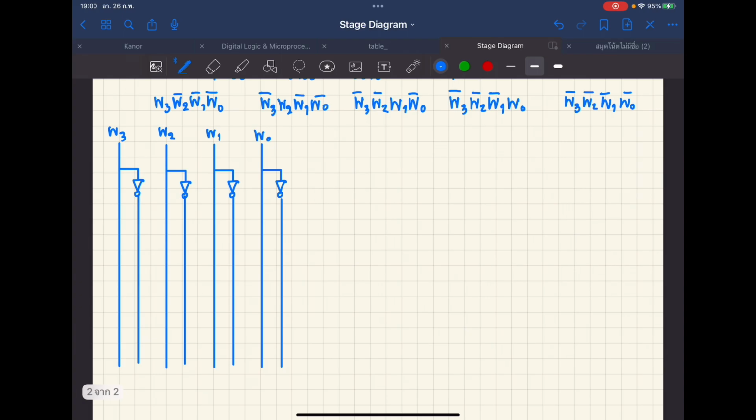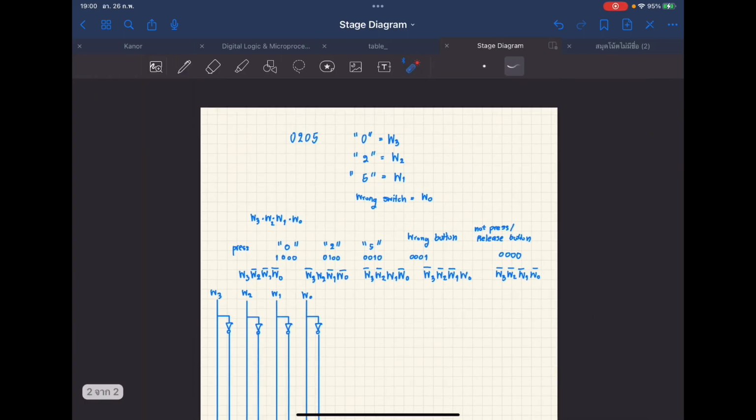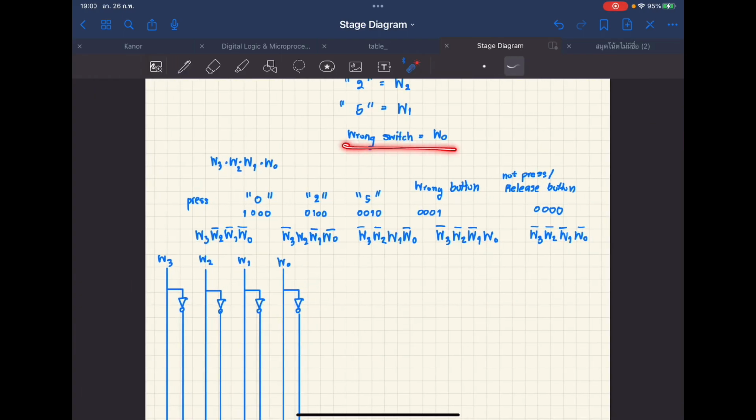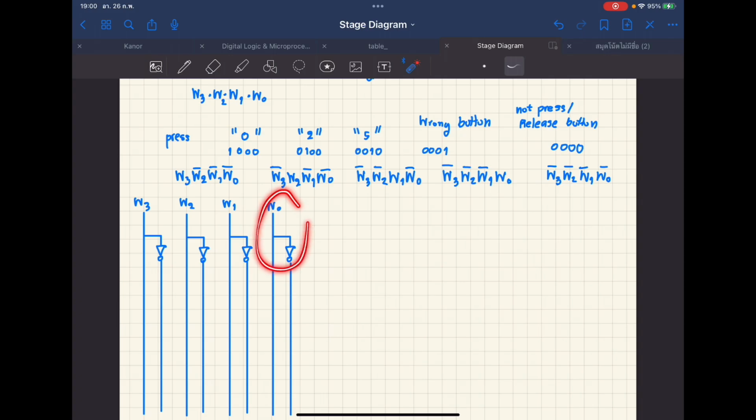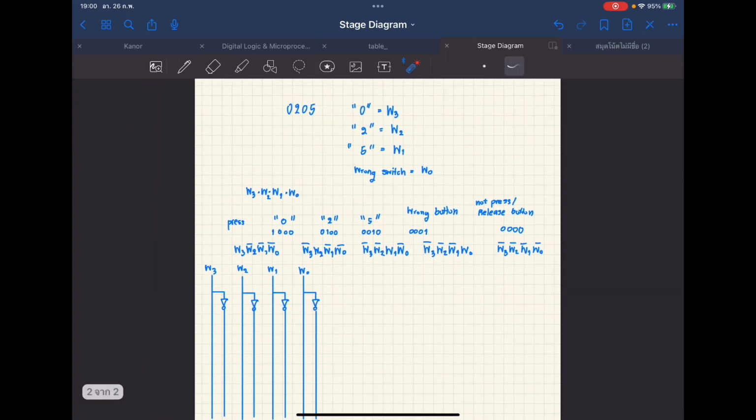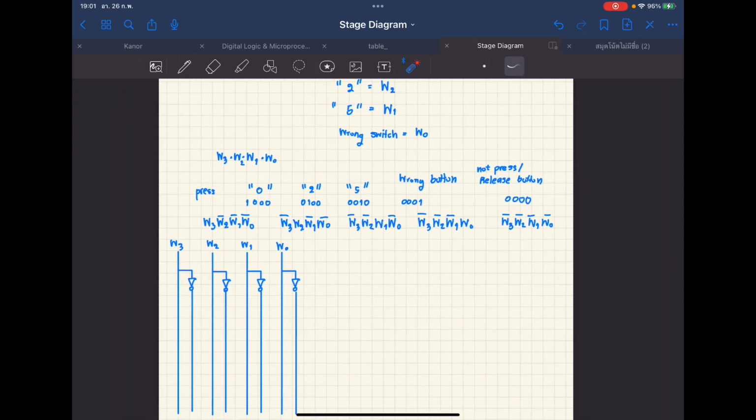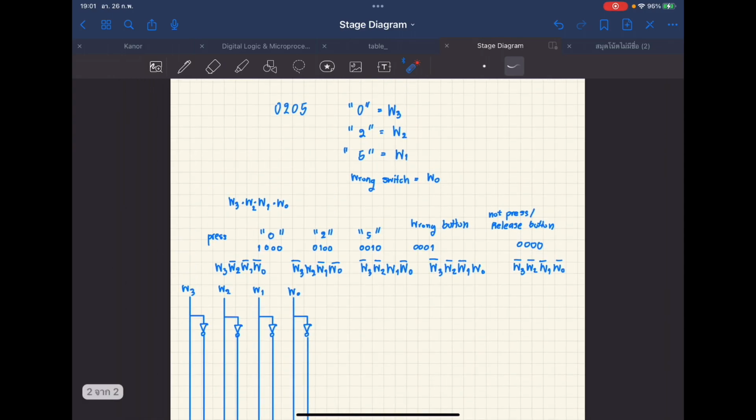The first one, W0, is the wrong switch detector. W0 is the wrong switch, which means the other buttons, which are not 0 to 5, are going to be ORed, and the output is W0.